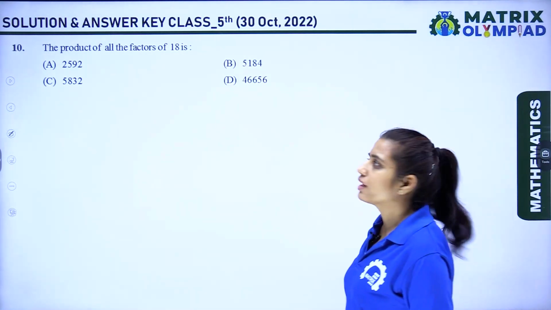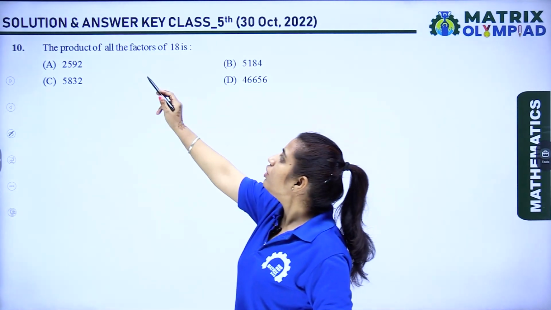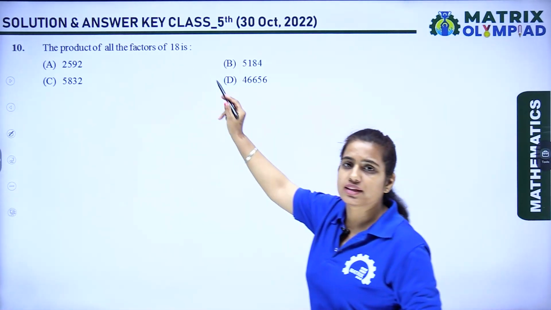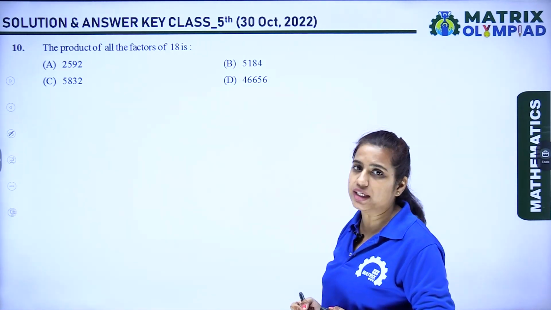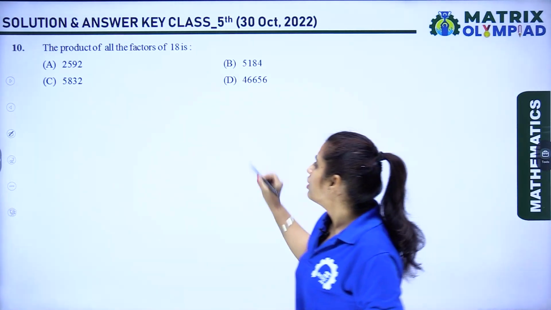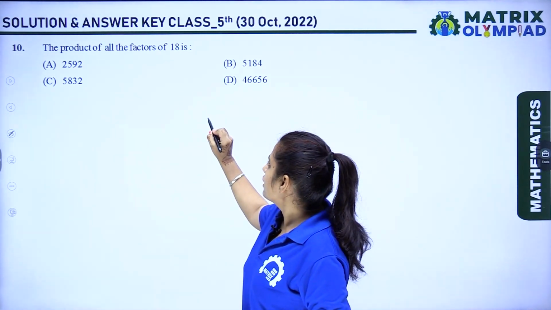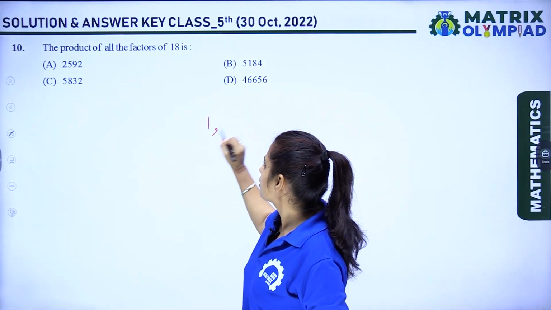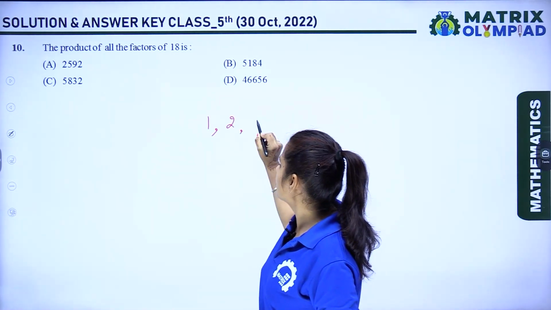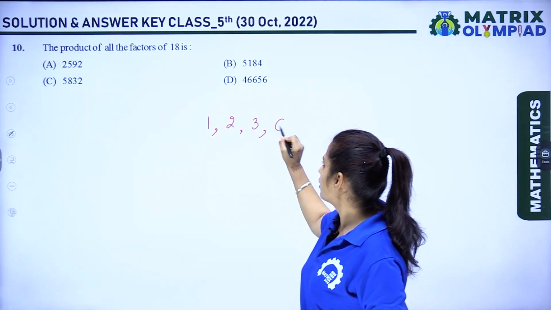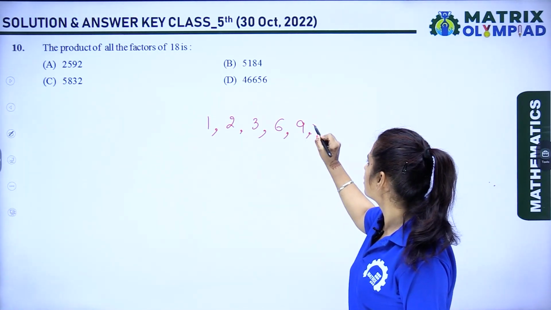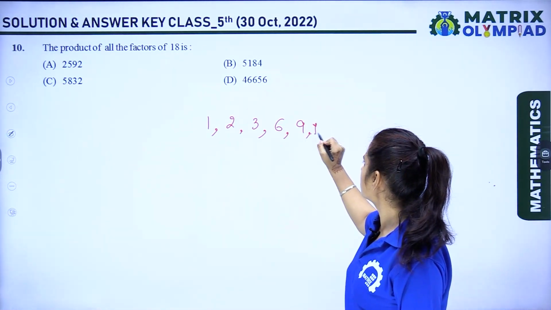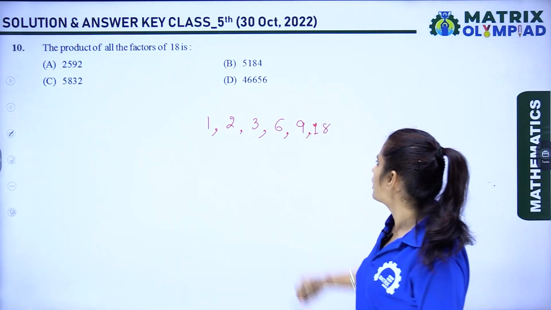Question number 10. The product of all the factors of 18 is. Now first of all, we have to find out the factors of 18. So factors of 18 is 1, 2, 3, 6, 9, 18.